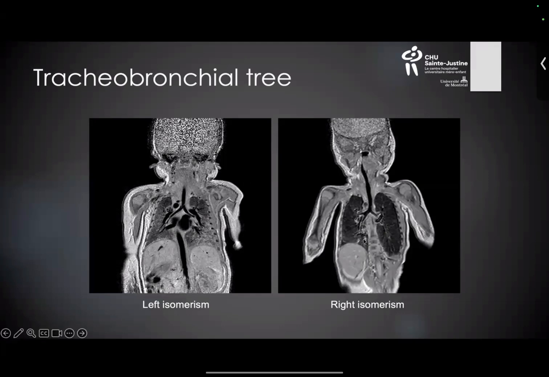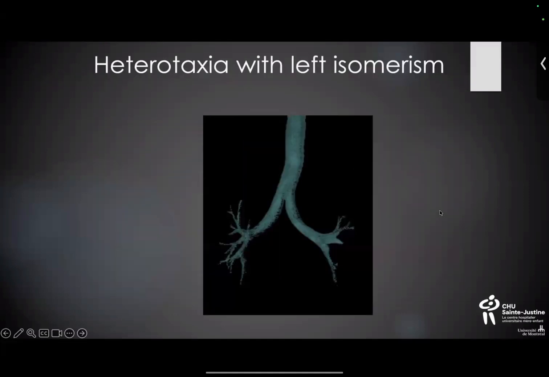When you have a right isomerism, you have two bronchi of the right shape. So you have a short bronchus with a rapid bifurcation, and they are eparterial, not hyparterial, because no pulmonary artery crosses the bronchus on the right side. So it's an example of a 3D where you have the trachea here and two bronchi that look like left bronchi in a patient with congenital heterotaxia with left isomerism.